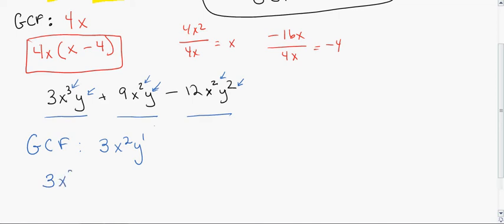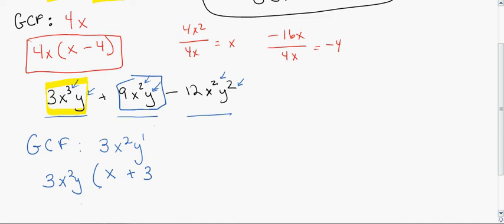So I write 3x squared y outside the parentheses, and I'm going to divide out each of them. So 3x cubed y divided by 3x squared y, I am left with just x. Next one, 9x squared y divided by 3x squared y, and I have just a 3.